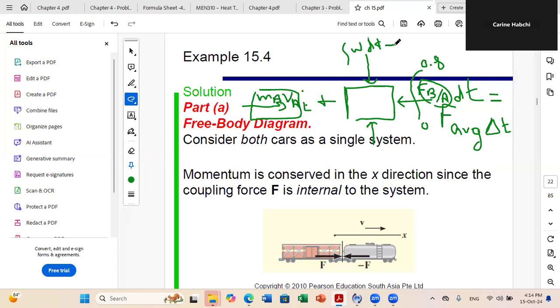You can say that this impulse is W delta T, and it will be cancelled out by the impulse of the normal. Here, it's equivalent to apply sum of forces in Y direction equal to 0. They will not have any effect on X direction. They will cancel each other in Y. So in X, we just have the interaction between A and B, okay?